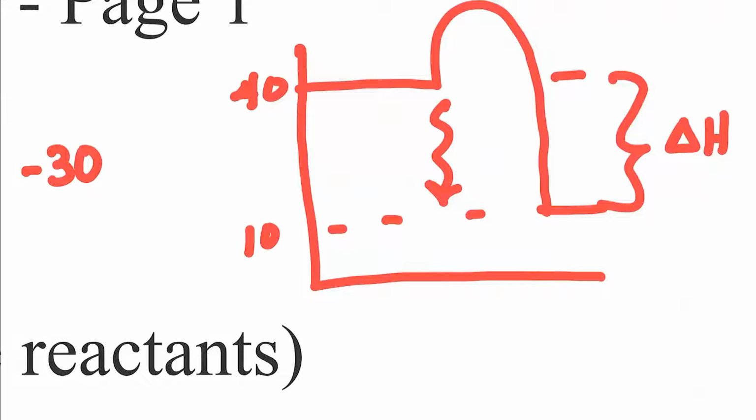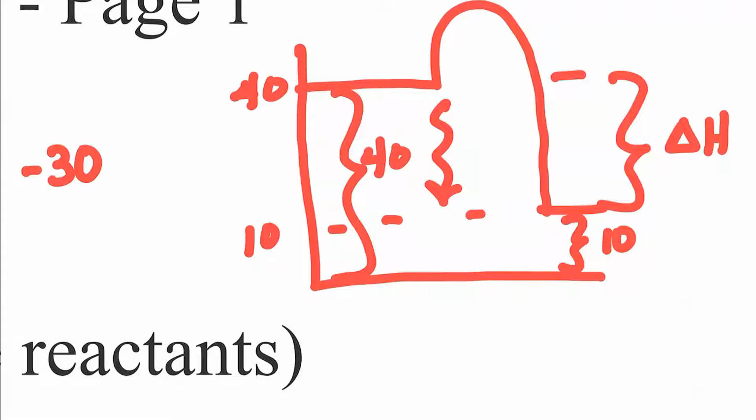But when you think about it using an equation, it's 10 units of potential energy for the products, and 40 for the reactants. So to get a negative 30, it's got to be 10 minus 40, and that will give us a negative 30.